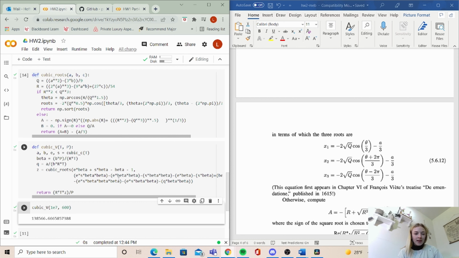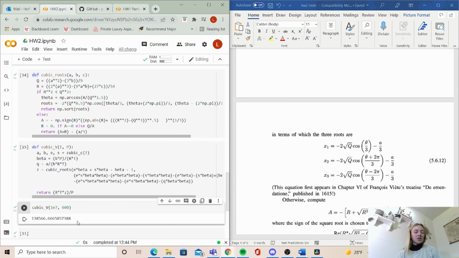So I retyped that and made it correct, but now it's giving us one answer, and I spent a few hours trying to figure out why it's only giving us one answer instead of 3, because we want it to output 3 specific volumes. So I'm just going to go ahead and explain what those volumes are going to represent. And hopefully at some point I can figure out what my issue is here.